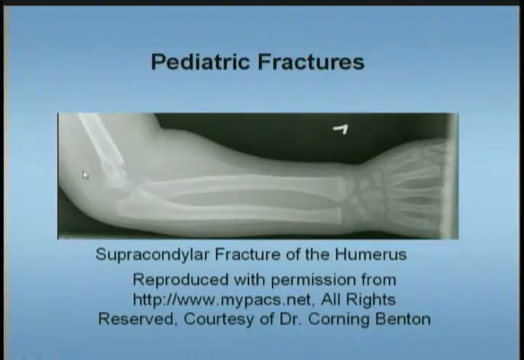The problem is the probability of vascular compromise to the forearm. So look in the answers for the one where you have compulsive checking of the pulses or Doppler studies or whatever, because this is the problem with this particular type of injury.